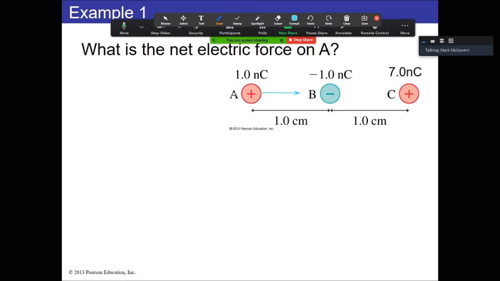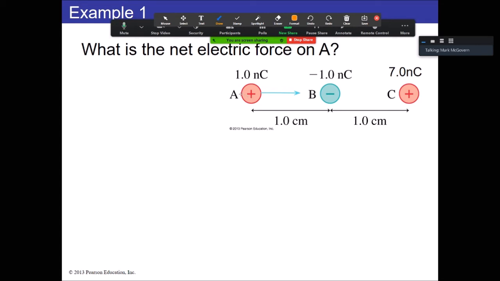All right. We got a force that's to the right from the negative charge. Now we got a force to the left from the other one. I'm going to draw that one orangish. Now the question is, is it going to be bigger or smaller? Well, it's farther away. True. It's twice as far away. So if it's twice as far away, the magnitude of force can be down by a factor of, remember, 4. But our charge is up by a factor of 7.